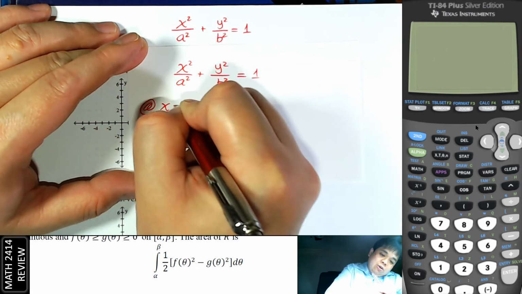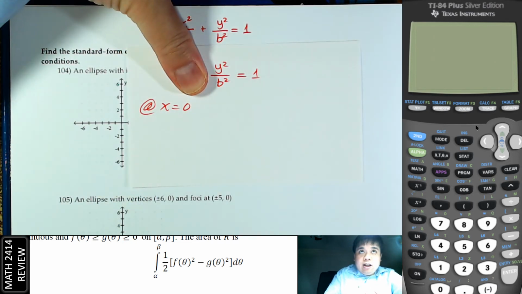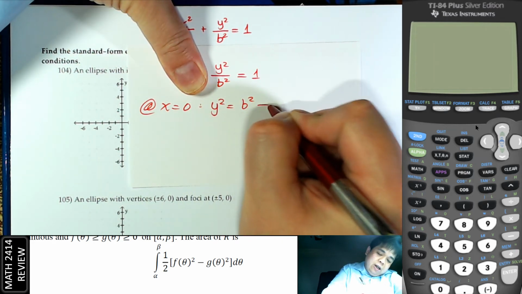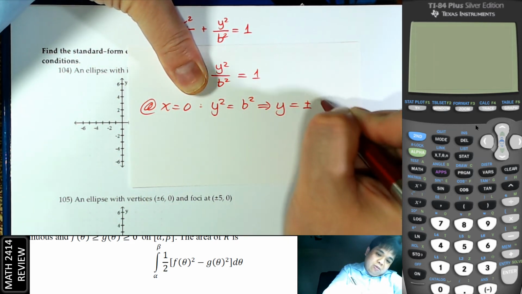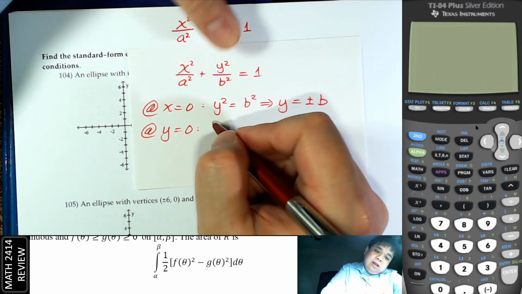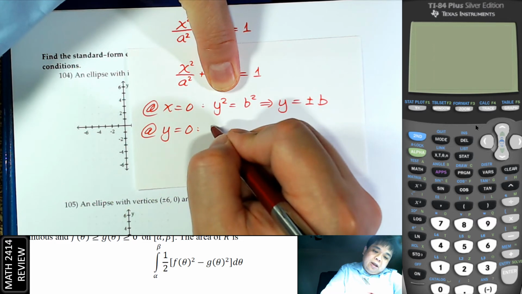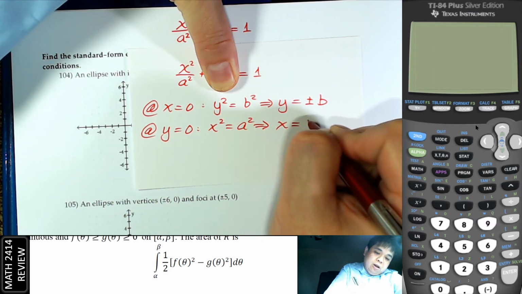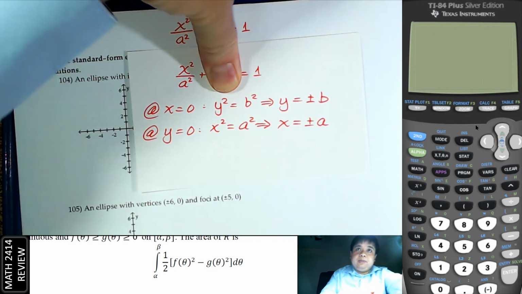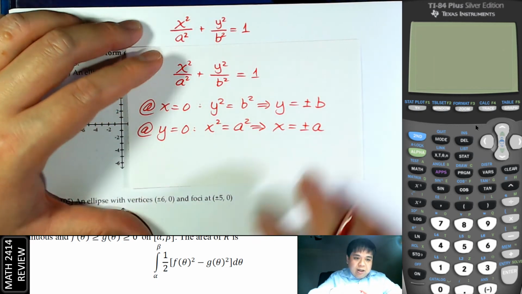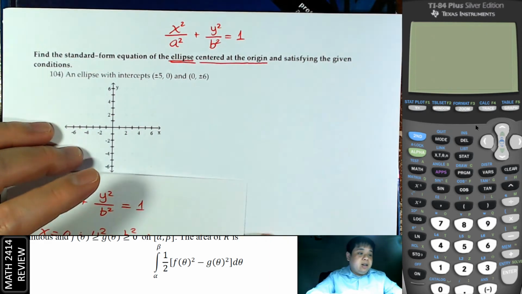When x equal to 0, we have y squared equal to b squared, so y equal to plus or minus b. And at y equal to 0, we have x squared equal to a squared, so x equal to plus or minus a. Right. So the ellipse will fit inside the box.